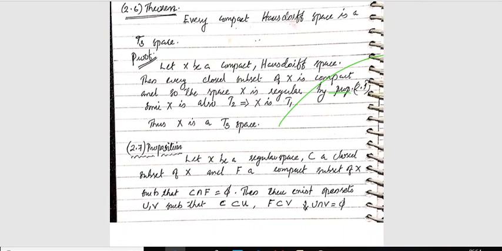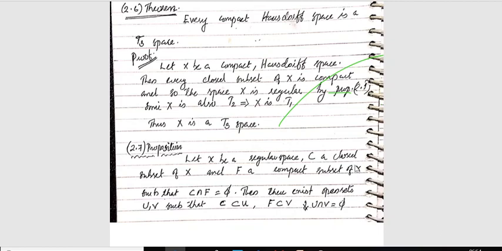Next, proposition 2.7. Let X be a regular space, C a closed subset of X, and F a compact subset of X, such that C intersection F is empty. Then there exist open sets U and V such that C is contained in U and F is contained in V, and U intersection V is empty.